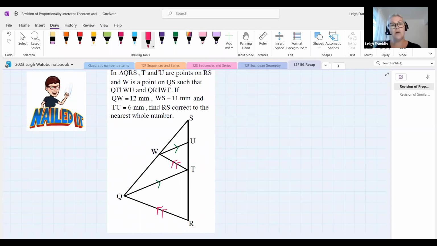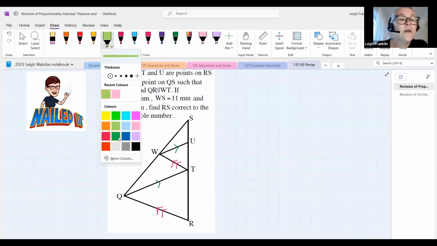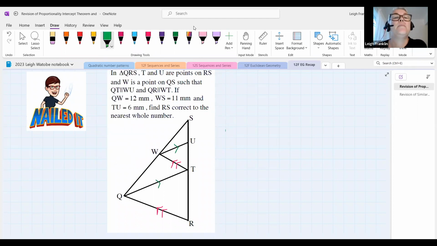Can anybody tell me what these two triangles are? Which are the two triangles that I can apply the proportionality intercept theorem to? What are the two triangles they're telling us we can work in here? Go for it, Sharon. Ma'am, we can use SQT. SQT, lovely, well done.